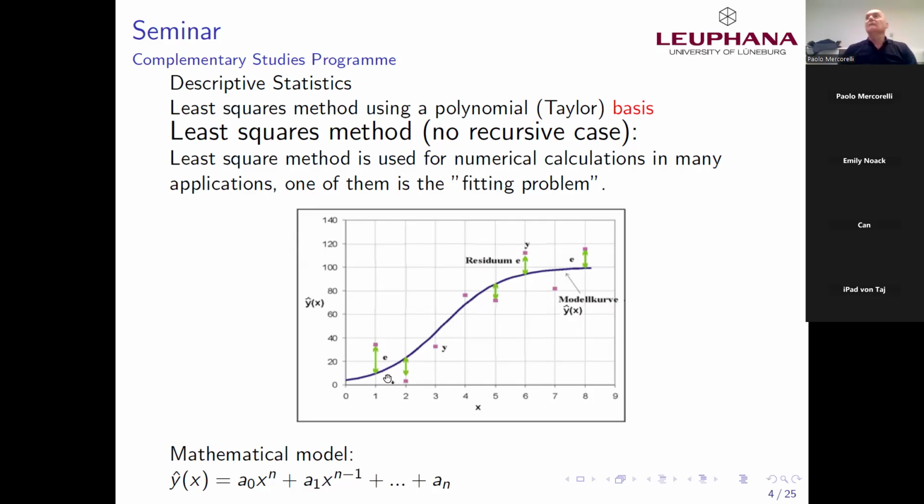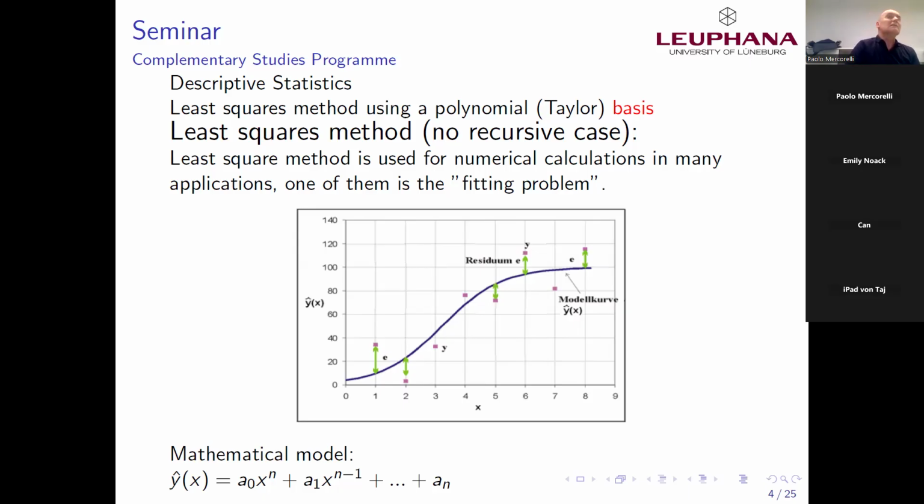Please calculate or describe this phenomenon, which is characterized by these 8 measurements: measure 1, Y1, measure 2, Y2, measure 3, Y3, and so on, using a model. A model in our case, as I told you last time, is a function. Model equals function in our case, because we are speaking here about a mathematical model.